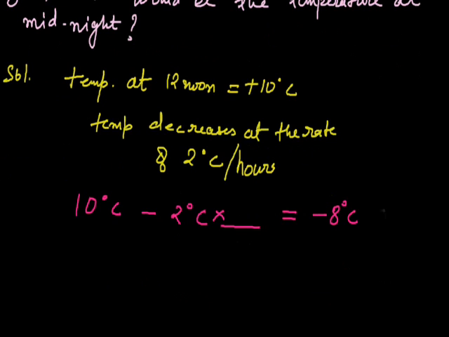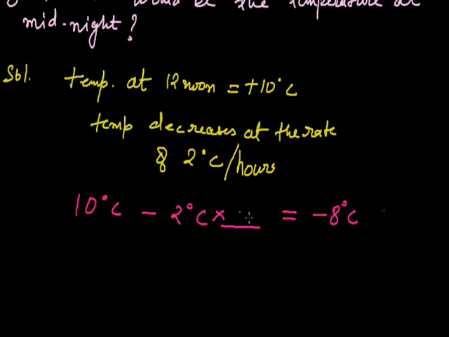Now if I put here 5 in the place of the blank, then 5 into 2 will give you 10, and on subtracting 10 from the temperature you get 0. But if you want minus 8, then you have to go 8 degrees below the 0.